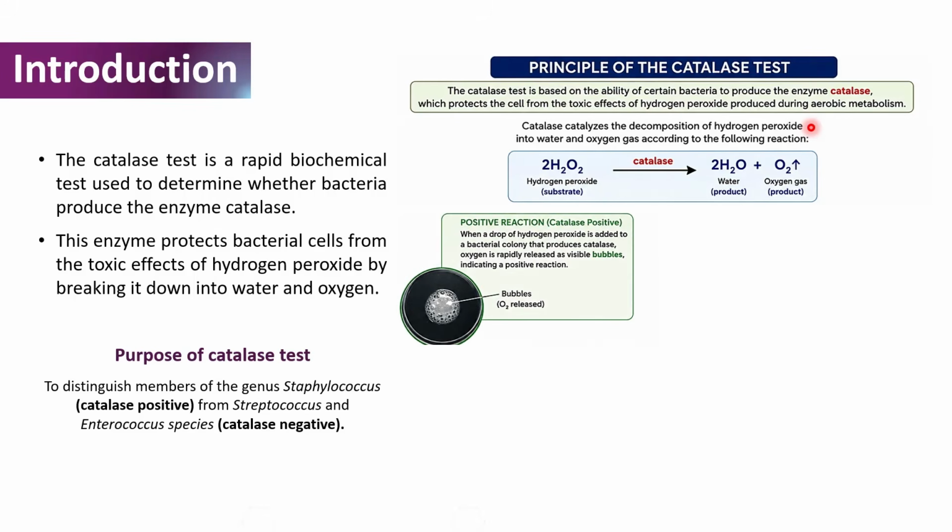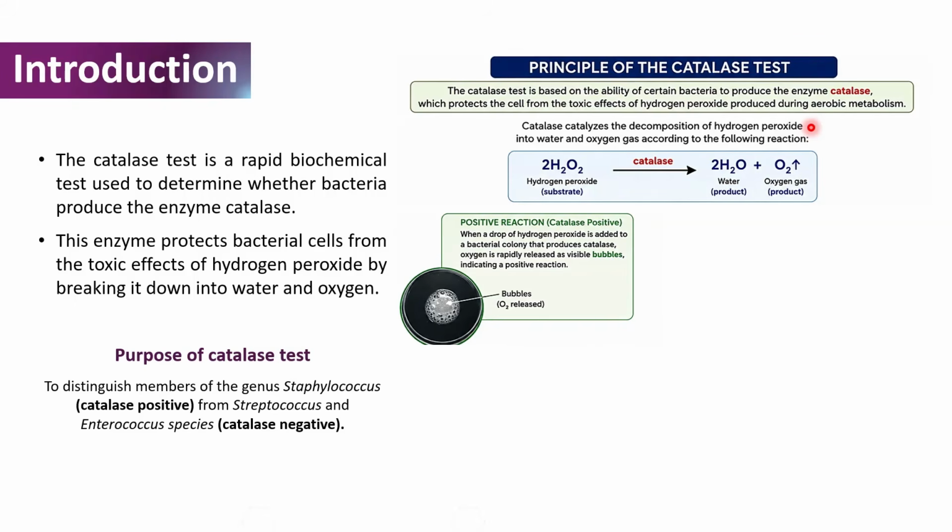So now let's look at the positive reaction in the catalase test. For the positive reaction, it means that the bacteria here have the ability to produce the enzyme catalase to decompose the hydrogen peroxide to water and oxygen.